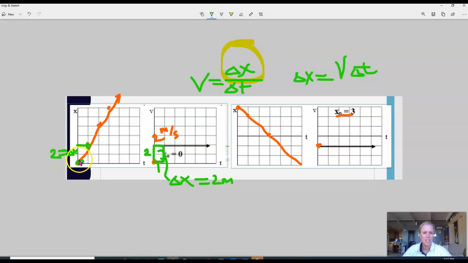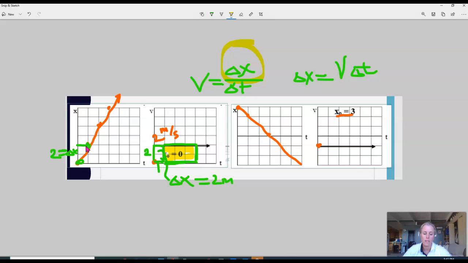Oh well. So what if I had gone another 3 seconds? What would my delta x be? Well, that would be 2 meters per second times 3 seconds, for a total of, in this space, 2 times 3, which is 1, 2, 3, 4, 5, 6, so delta x is 6.